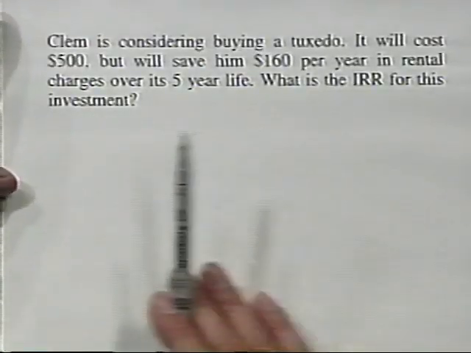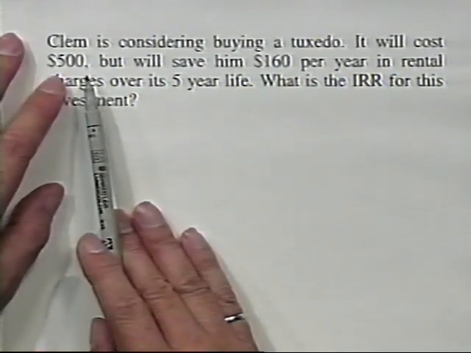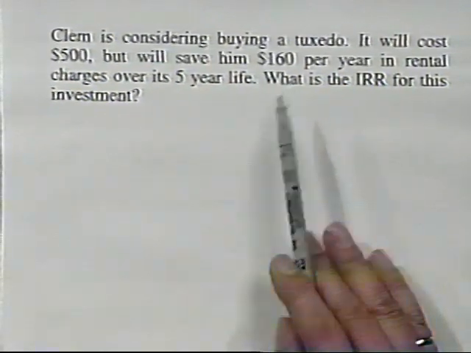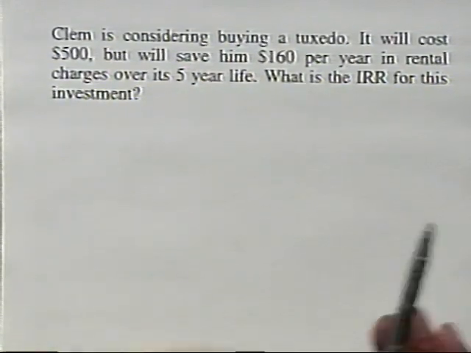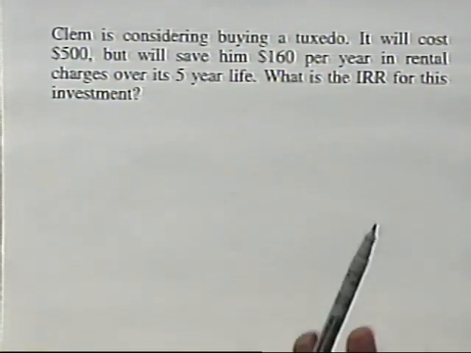Well, this is a simple unknown interest rate problem where we compare the disbursements and receipts. We have a disbursement here; disbursement simply means paying out, of $500. We have a receipt here, that's money coming in, which is savings of $160 per year. We set them equal and see what interest rate results in that equality.